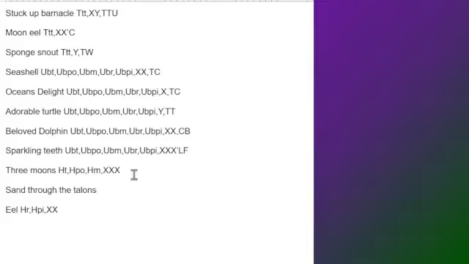It says side scale. It does not mention which side scale. But we're going to go with some upper scales. But we're going to make it unique, and go with UBT and UBPO. That's wrong.